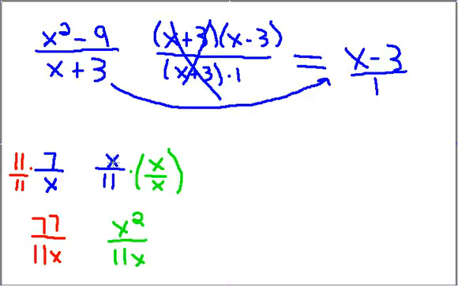So we can see that x over 11 is the same thing as x squared over 11x. We now have both of our fractions as equivalent fractions with our common denominator of 11x.